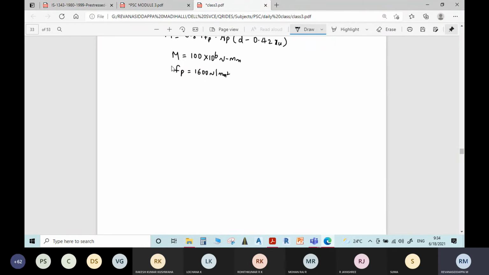Then effective depth is calculated. Effective depth is equal to 300 mm. We have chosen effective depth. And XU value is also known. XU by D is equal to 0.5 we have assumed. Therefore, XU is equal to 0.5 D, that is 0.5 into 300, that is 150 mm.